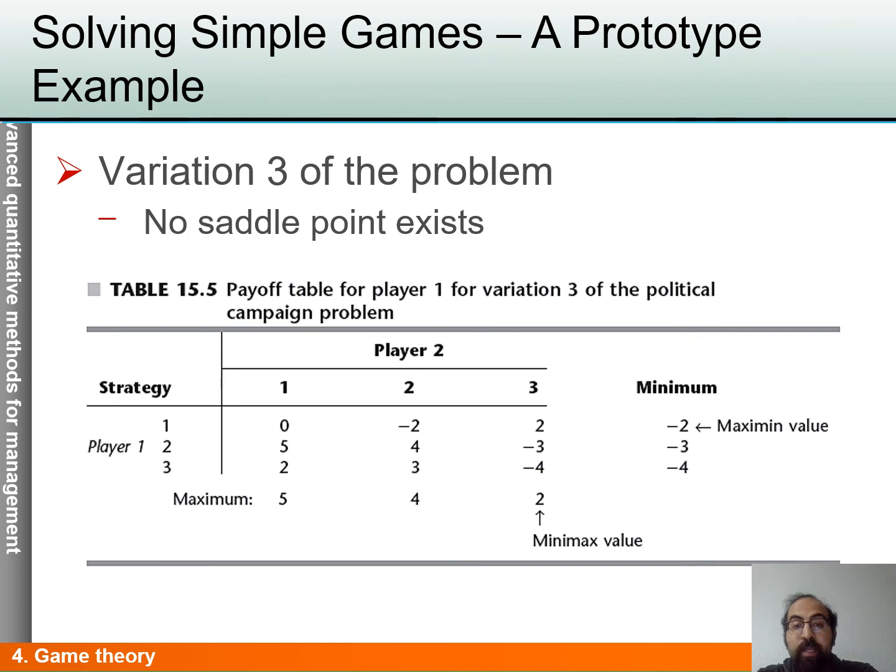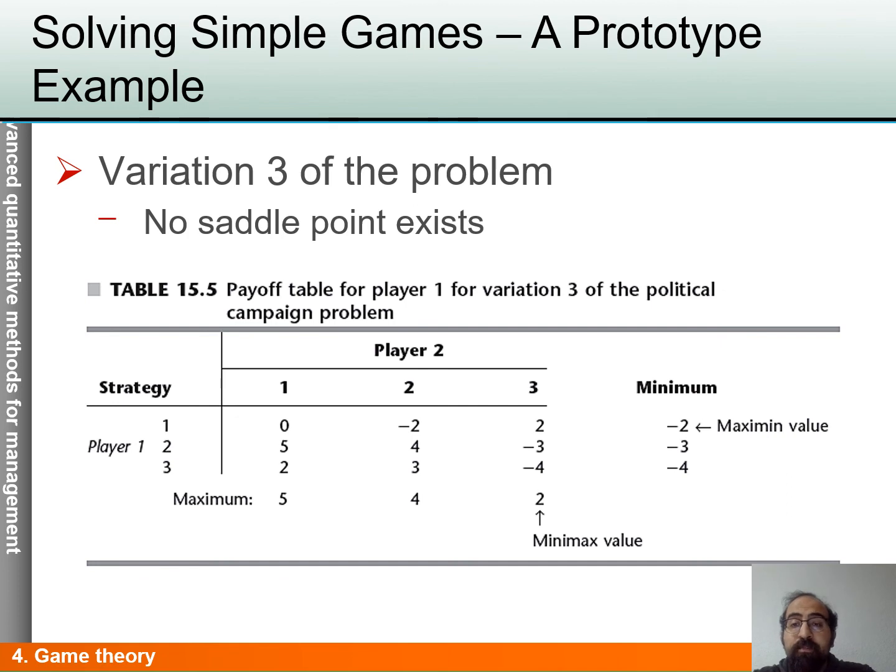That means strategy 2 for player 2 and strategy 1 for player 1. But the optimal solution for player 1 is selecting strategy 1 while player 2 selects strategy 3.